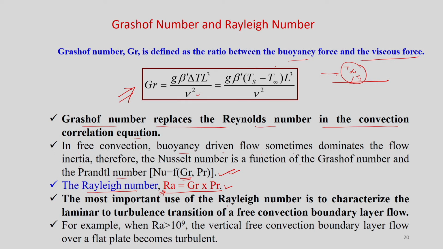The most important use of the Rayleigh number is to characterize the laminar to turbulence transition of a free convection boundary layer flow. For example, when this number is greater than 10 to the power of 9, the vertical free convection boundary layer flow over a flat plate becomes turbulent.